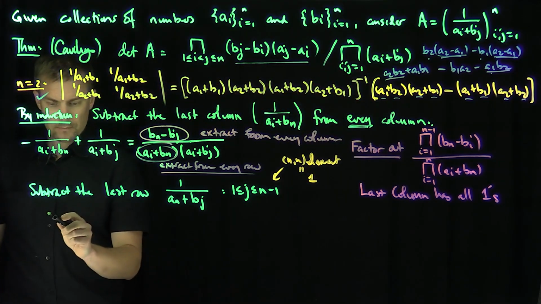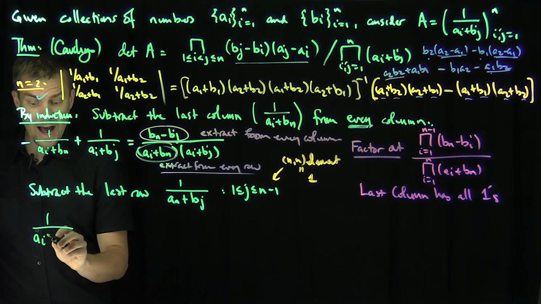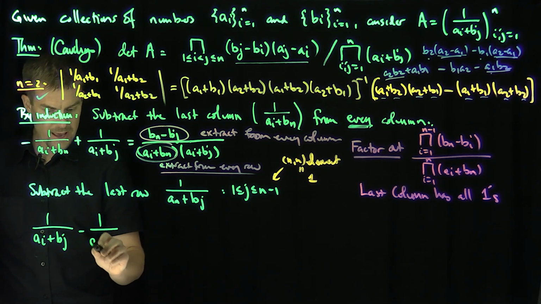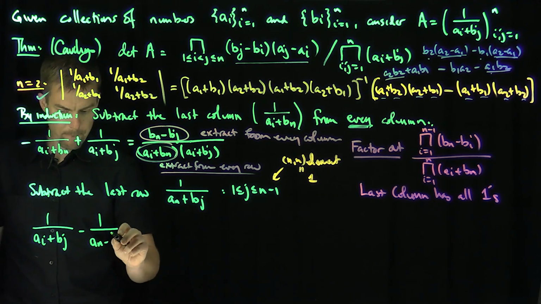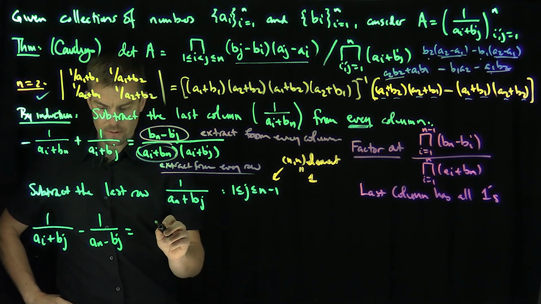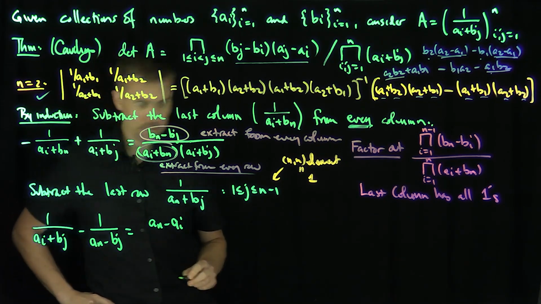So let's do it. What do the other rows look like? The other rows look like 1 over ai plus bj minus 1 over an plus bj. And that's going to give me a factor of an minus ai, right?